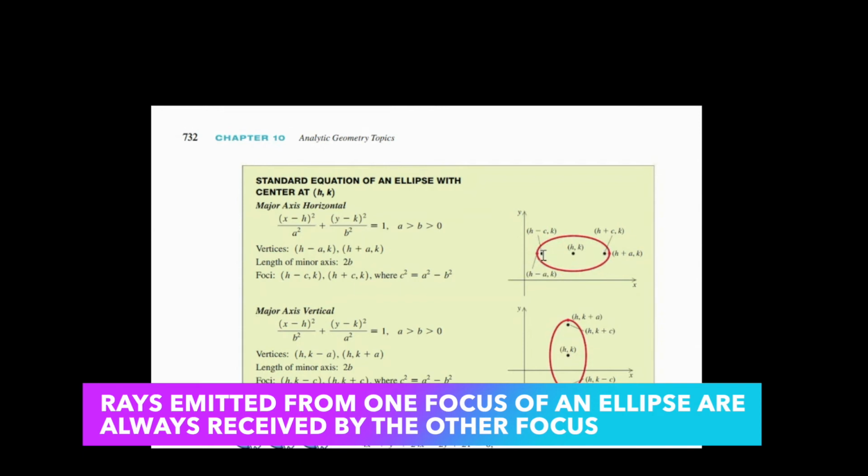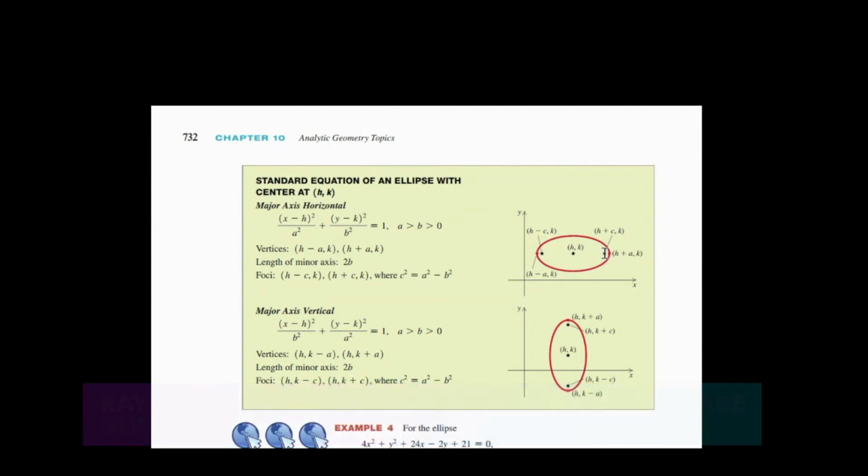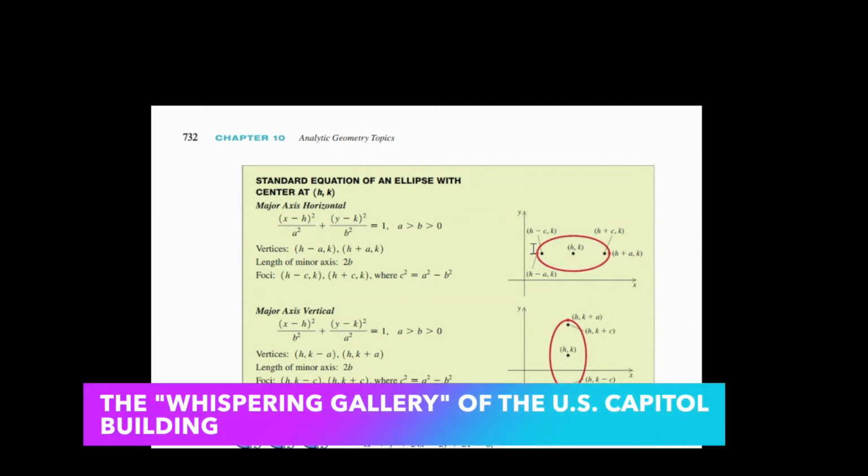So if this is the emitter and you have this as whatever you want it to hit, that works really, really well. And so they give you several examples, and I won't turn to them yet because I want to refer to this drawing. But one example is the elliptical ceiling of the House of Representatives.